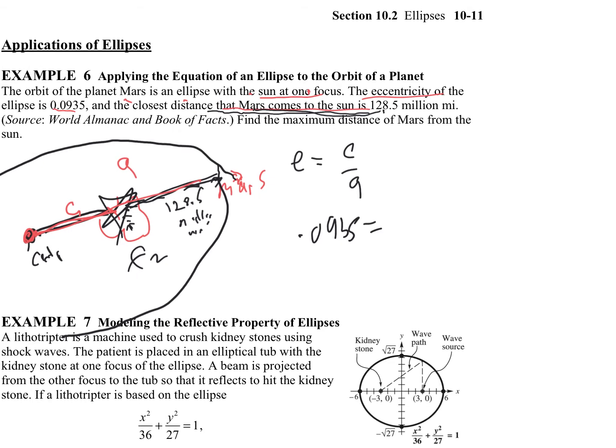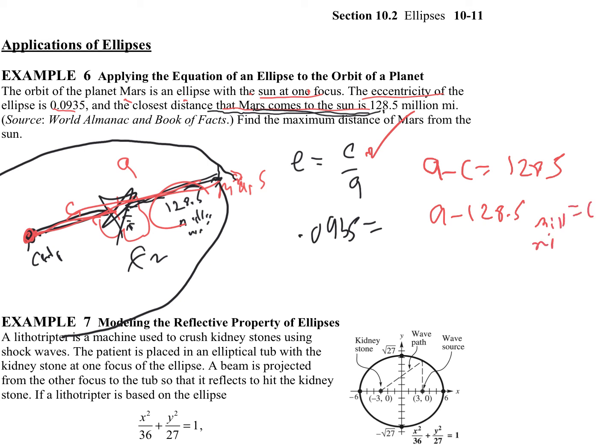If you think about it, A minus C is this 128.5 million miles. I need to have C, so let me solve for C. C is A minus 128.5 million miles.